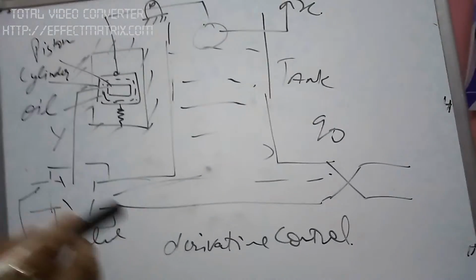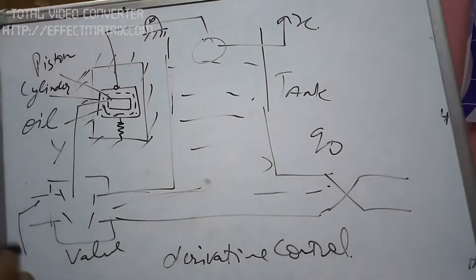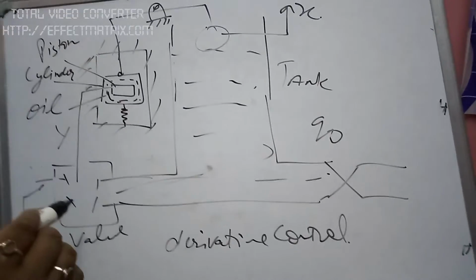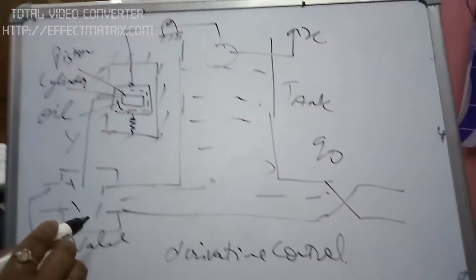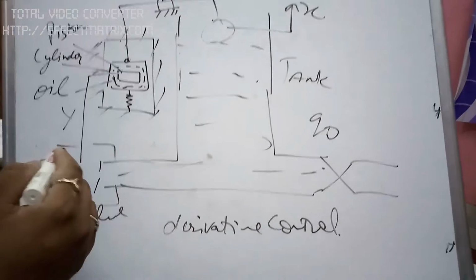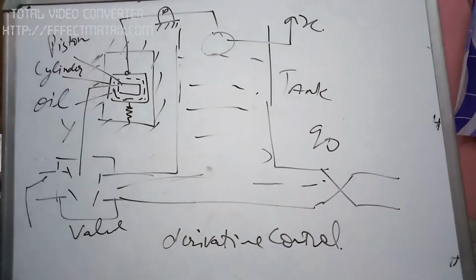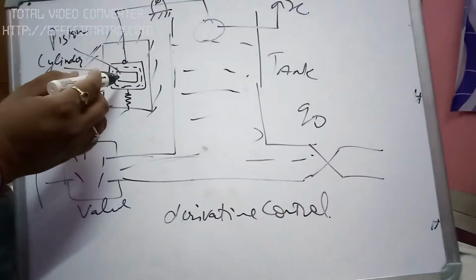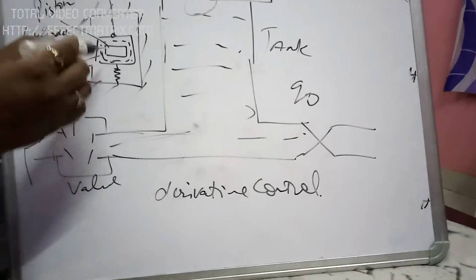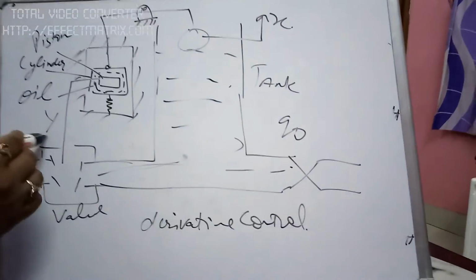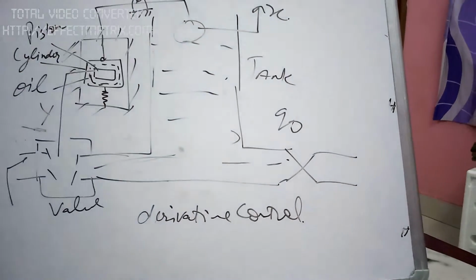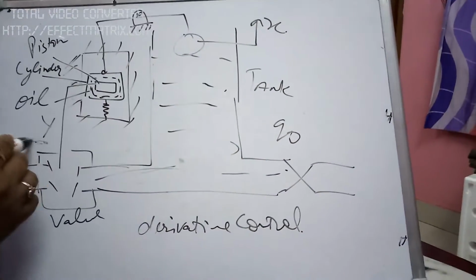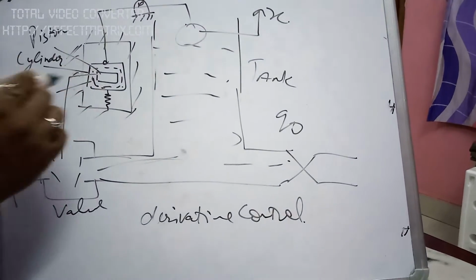Now the question is how derivative control works. In proportional control, the valve is controlled by a proportional force. In integral control, it is controlled by the integrated force generated by the hydraulic servo motor. In derivative control, the piston does not move proportionally; this y is not directly proportional to the force generated by the float, but y is generated by the comparative force.